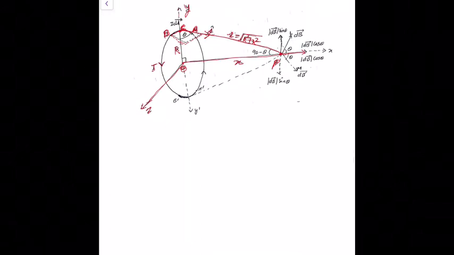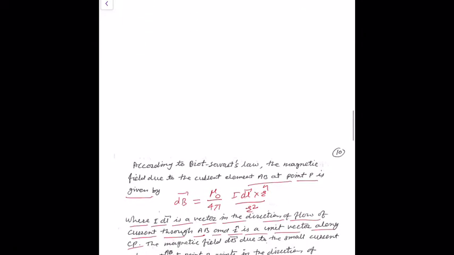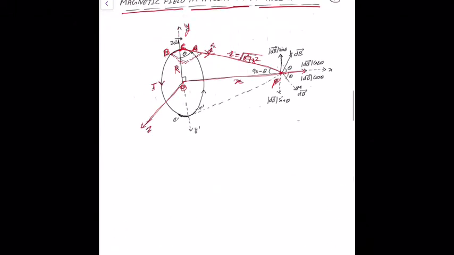In the diagram here, r cap along the CP. Okay, the magnetic field dB vector due to a small current element AB at point P points in the direction of vector I dl vector cross r cap, and it has been represented by PL vector.